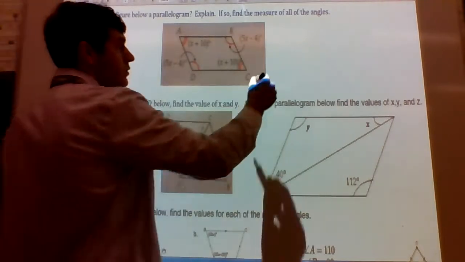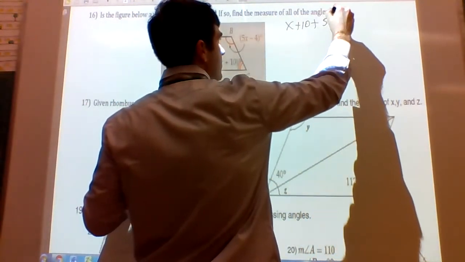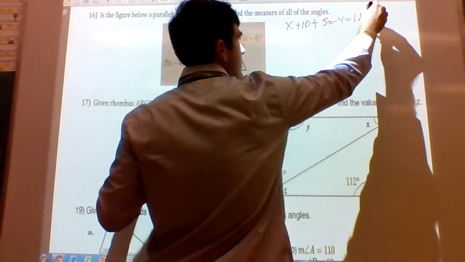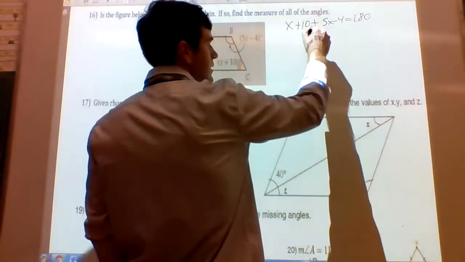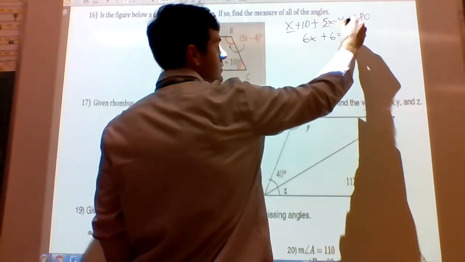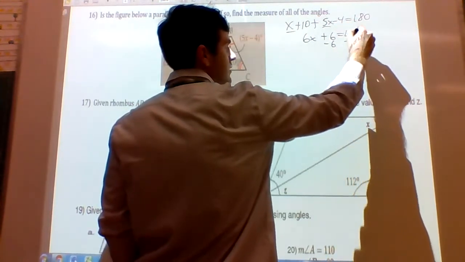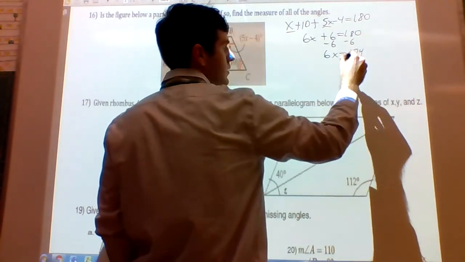So x plus 10 plus 5x minus 4 is 180. Combine like terms: 6x, 10 minus 4 is 6. Subtract 6: 6x equals 174.